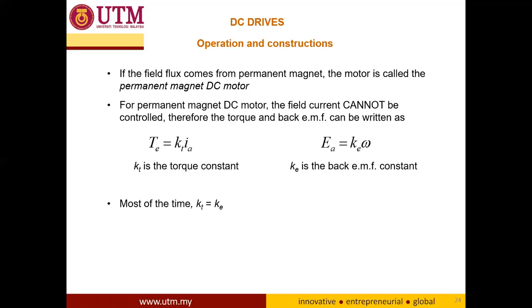It is a constant. Therefore, since we cannot control the flux, the torque is controlled solely by the current, and the back EMF solely by the speed. As you can see, we have KT and KE, and most of the time KT and KE are actually the same value.